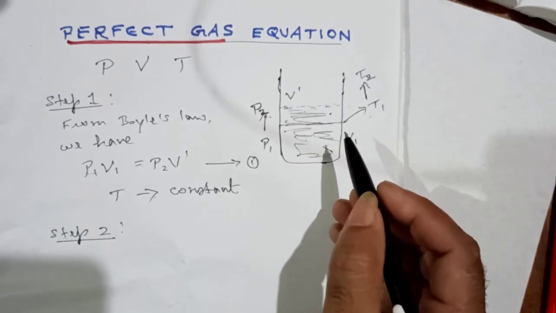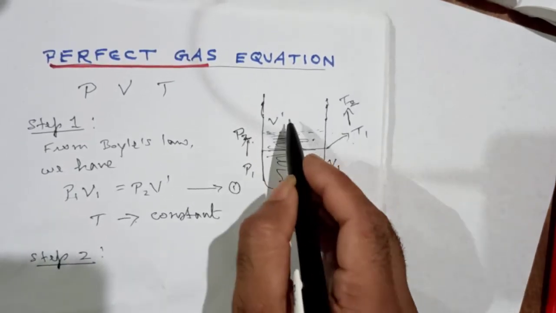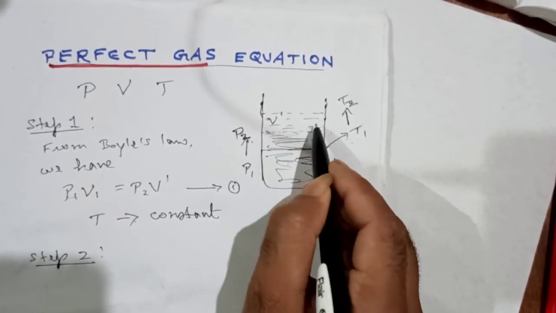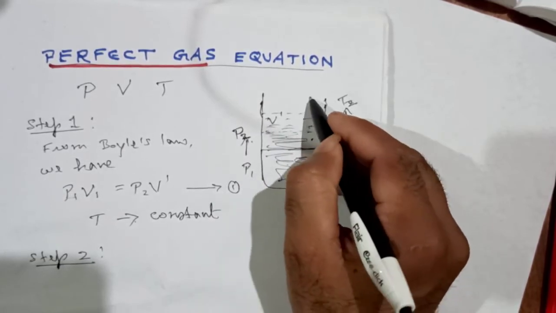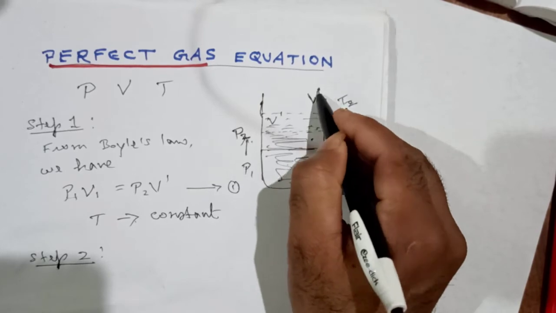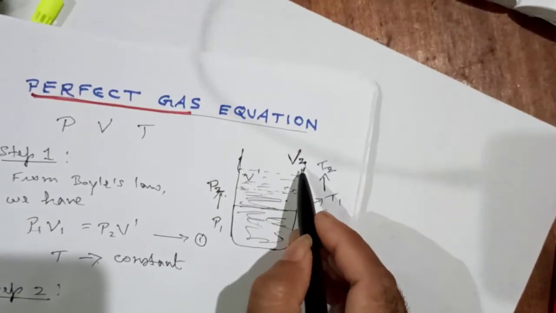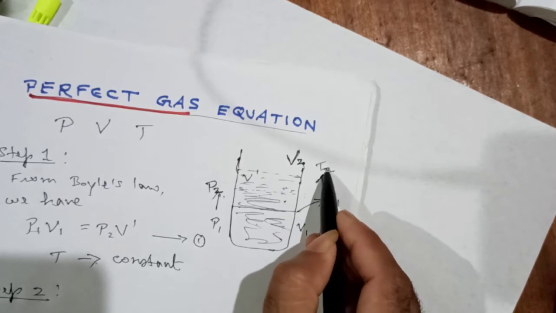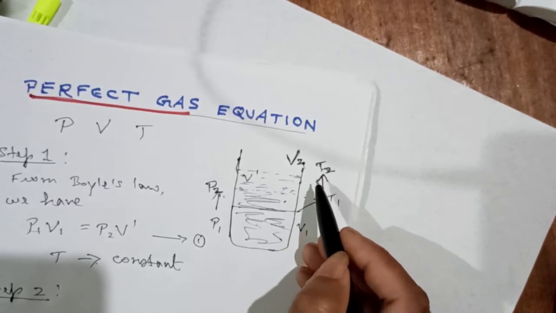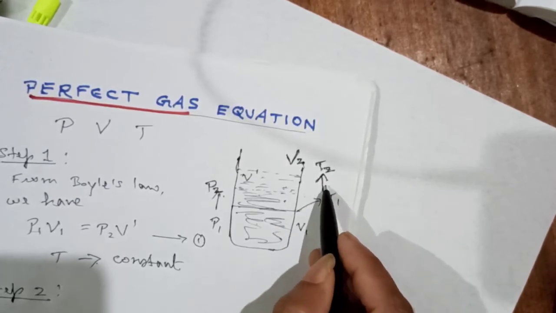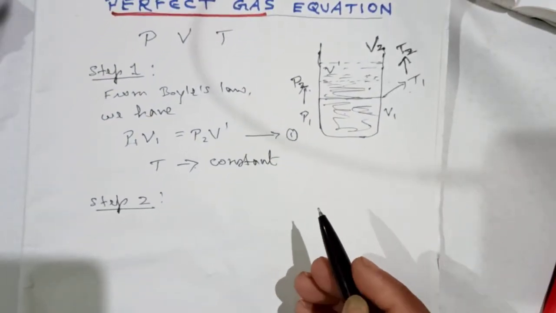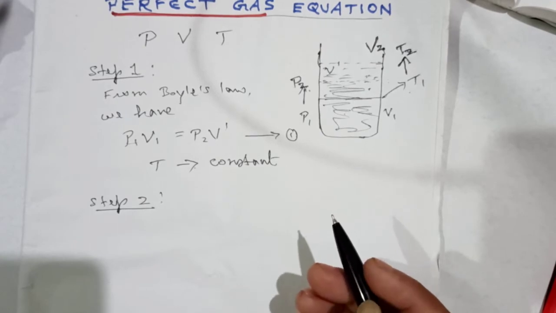Then the gas will expand again, from V prime to V2. The volume will change. So you can see the volume is changing if we increase its temperature from T1 to T2. Okay, so according to Charles, we have Charles law.